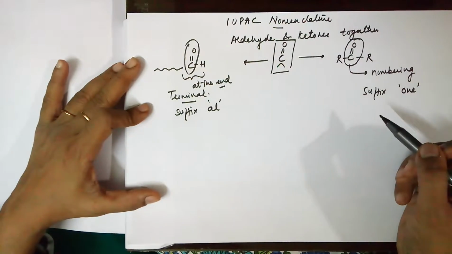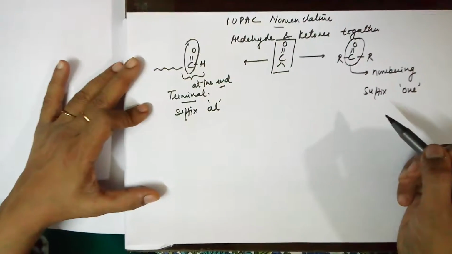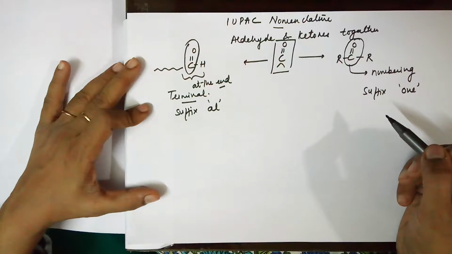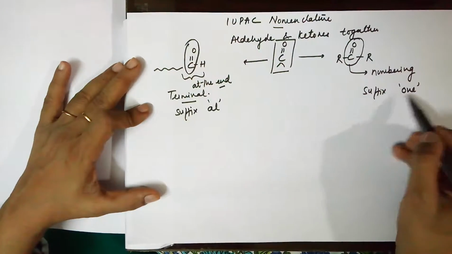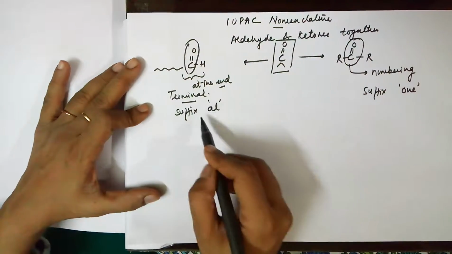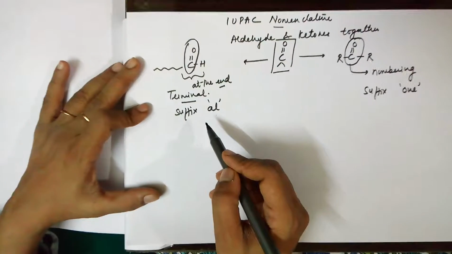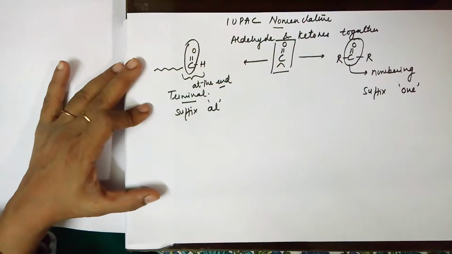Since the compounds that we are going to talk about have both aldehyde as well as ketones together, in that case, the compound will have two suffixes, "-one" for the ketonic part and "-al" for the aldehydic part, which is not allowed. A functional group cannot have two suffixes of the functional groups. An organic compound will never have two suffixes for the functional groups.